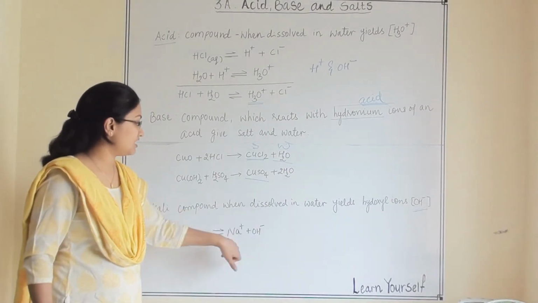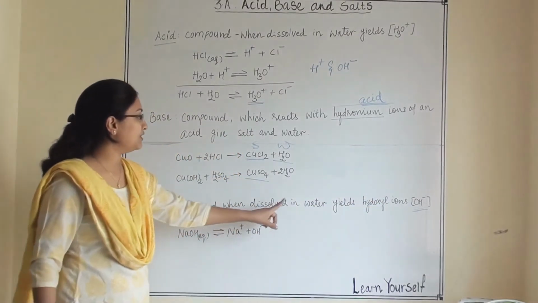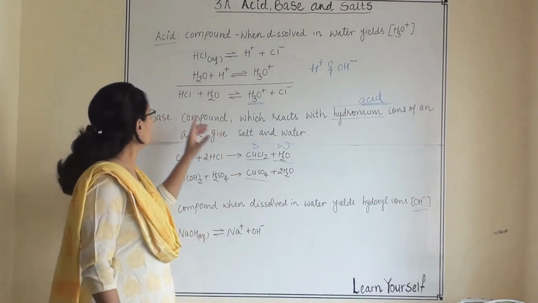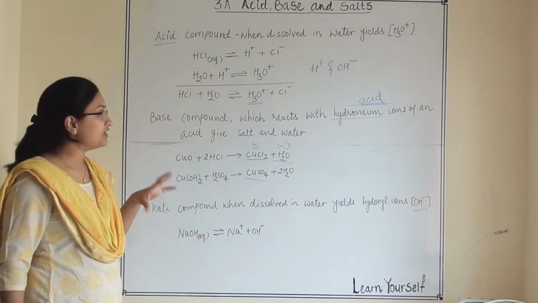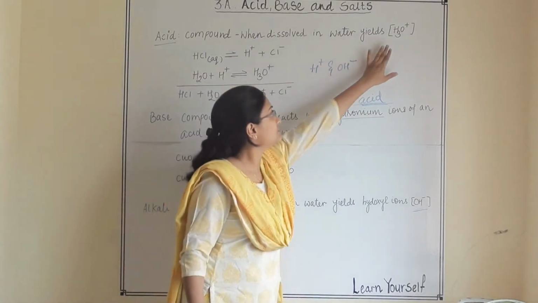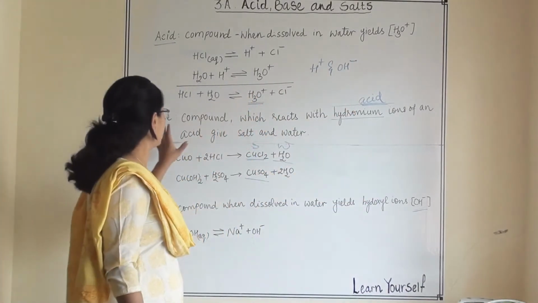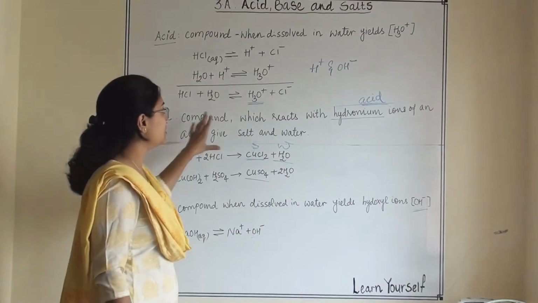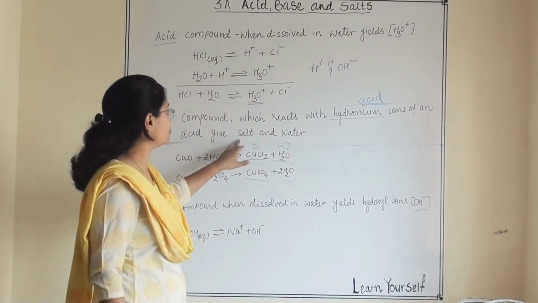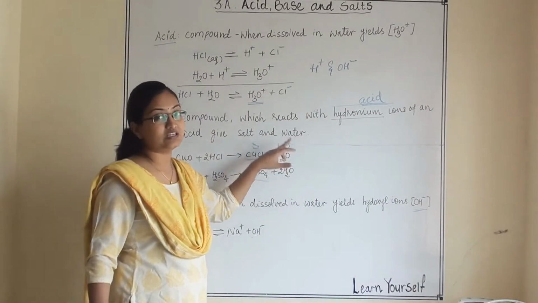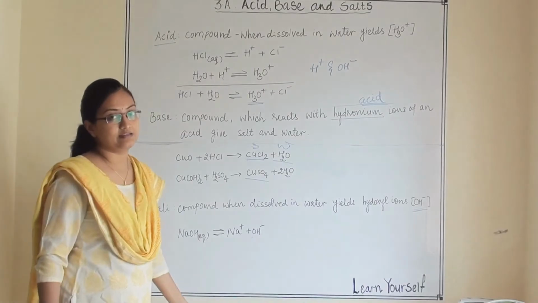So these are the hydroxyl ions. They will be generated when we are dissolving in water. So acid and alkali, when we are dissolving, simultaneously give respectively H3O plus and OH minus. Whereas base is a compound which reacts with acid or hydronium ion, it gives us salt and water. This is the basic idea about acid, base and alkali.